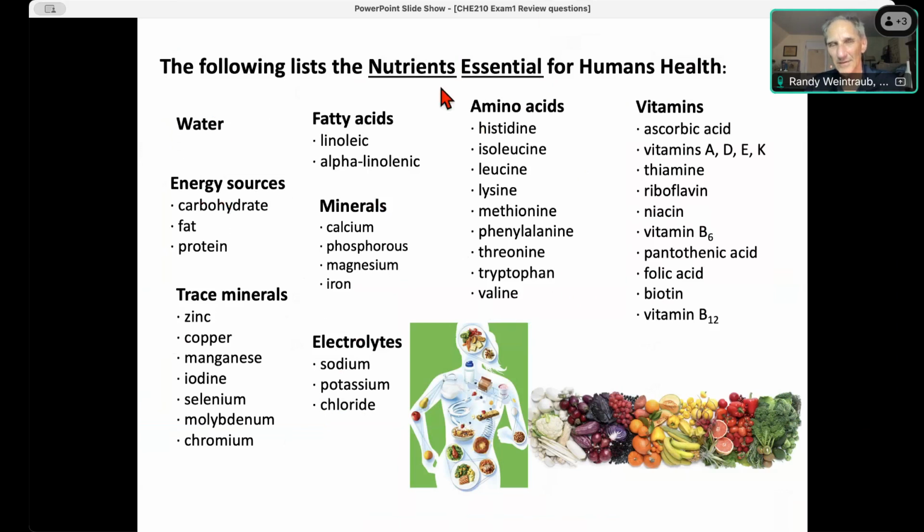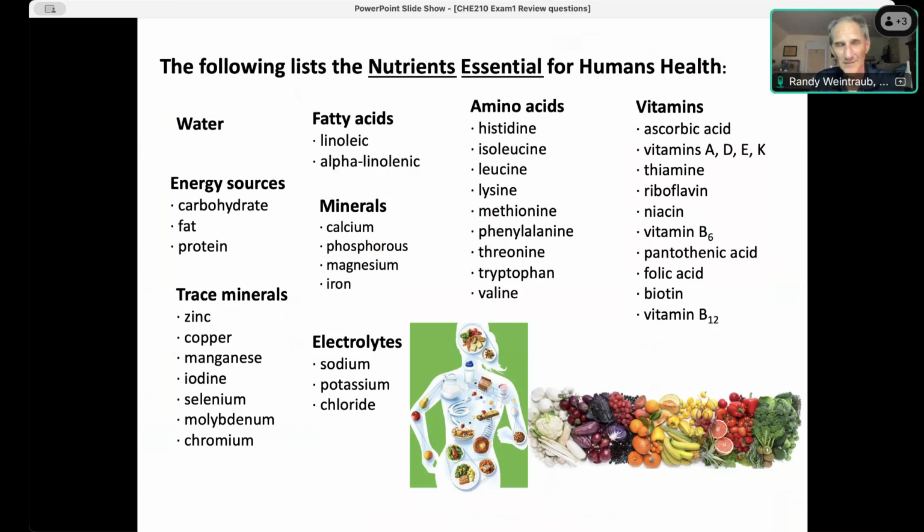The next chapter, chapter 7, talks about proteins and amino acids that make them up. In chapter 6, we talk about lipids. We mentioned these essential fatty acids. They have double bonds.